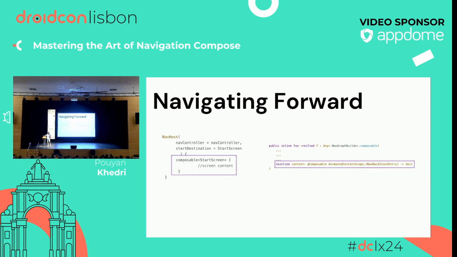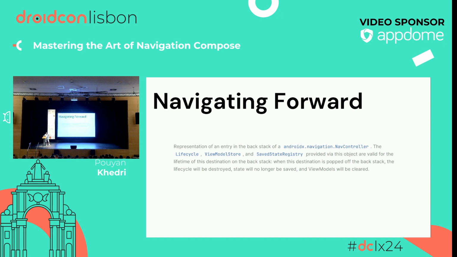But it's not alone here. It is wrapped in a lambda with an object of type NavBackStackEntry. So let's take a look at this NavBackStackEntry. What is this? According to the documentation, NavBackStackEntry is a representation of an entry in the backstack. Well, thank you, documentation. The name already says that.